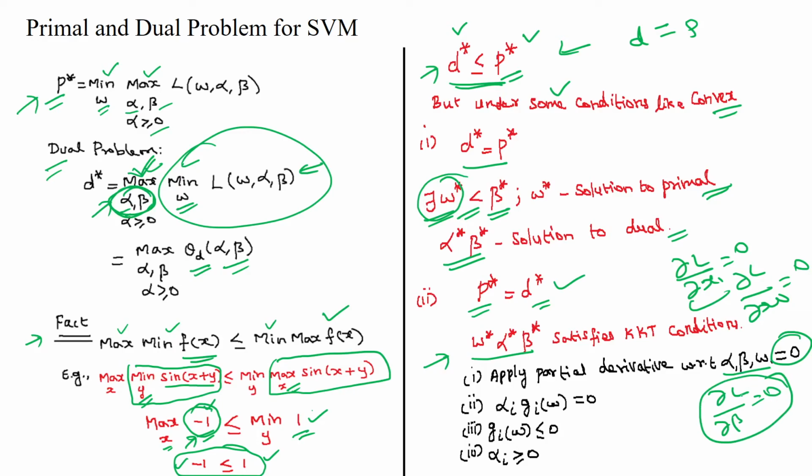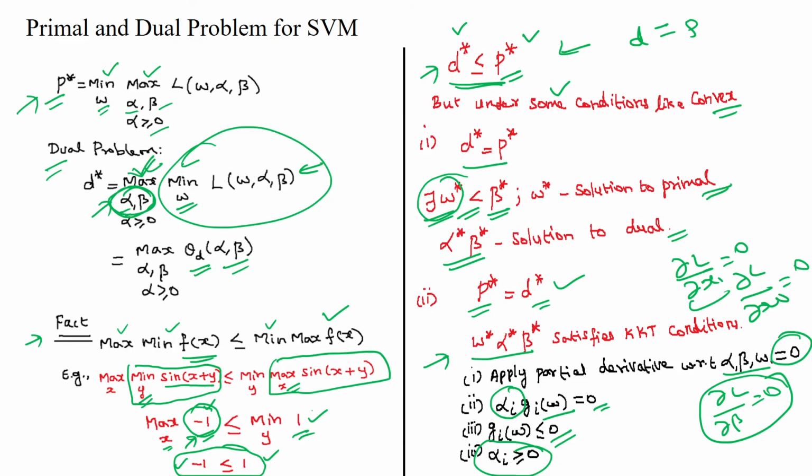Then alpha times constraint equal to 0, then inequality constraints less than or equal to 0, and the fourth condition is that alpha is always greater than or equal to 0. Based upon that, the dual problem solution can be assigned to the primal problem.